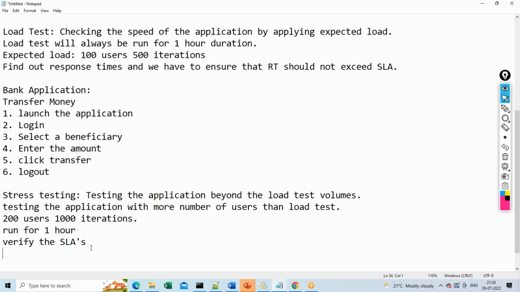So you can ask, sir, when we test the application with more number of users than the load test, to how much extent can we stress the application? You can stress the application two times or 3 times more than the normal load test, or sometimes if the client is explicitly saying, stress the application until it breaks.